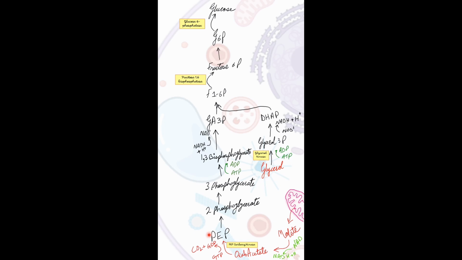And from PEP, the gluconeogenesis will start, and it's basically almost opposite to the glycolysis, but the enzymes are different. One is over here, that the malate shunt has to be taken by the pyruvate to convert it back into the PEP.